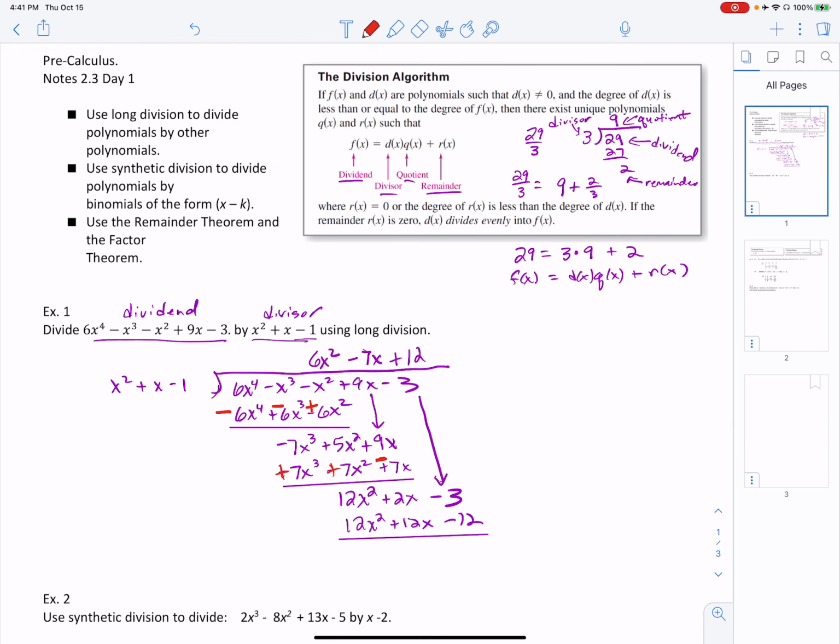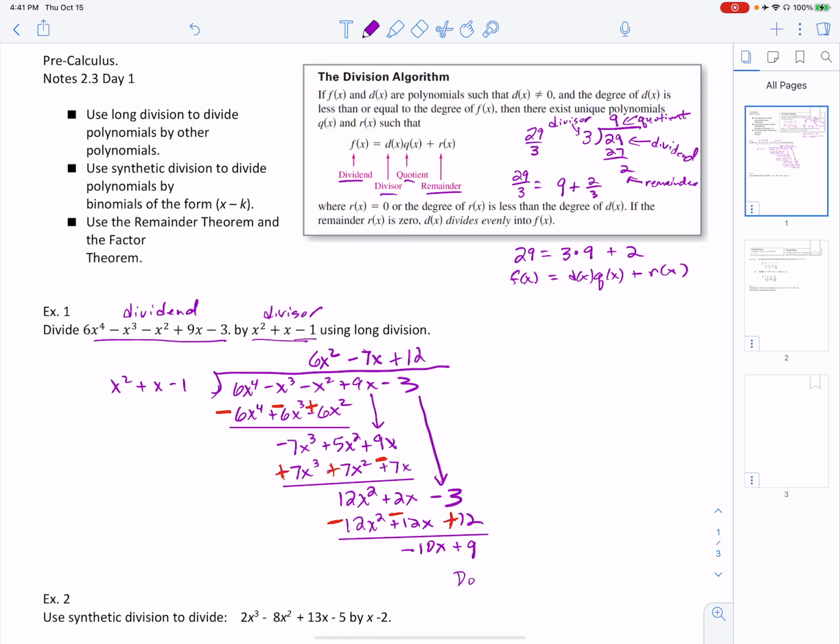So in subtracting, instead I can add the opposite. So I'm going to change all the signs, make this positive, and add. And I get 0, 2 minus 12 is a minus 10x. And minus 3 plus 12 is plus 9.